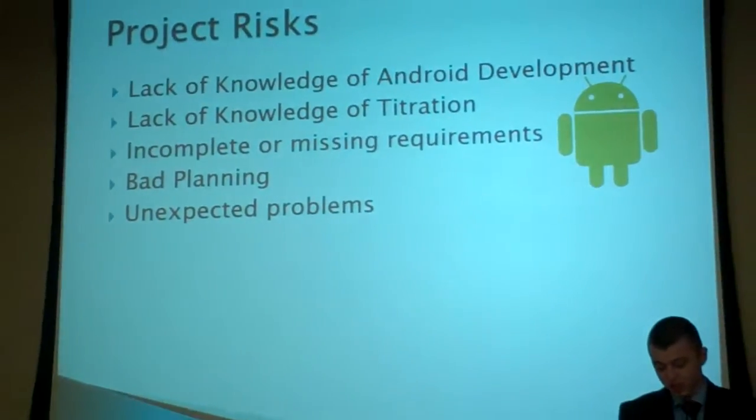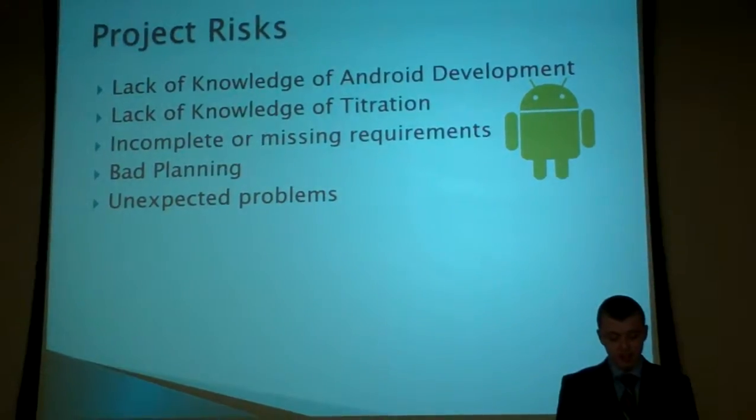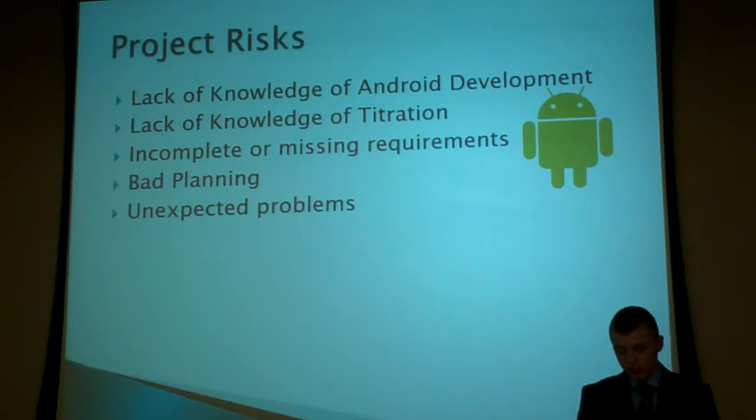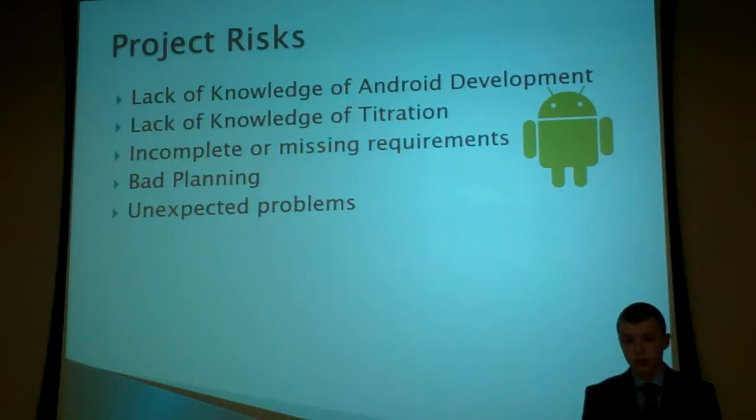There are many project risks when trying to understand a project that is developed over a long time. The two biggest risks specific to our project was the lack of knowledge of Android development and the lack of knowledge of titration.